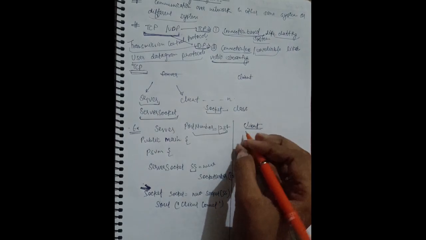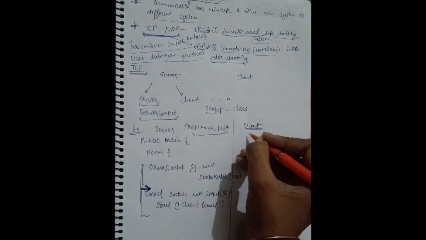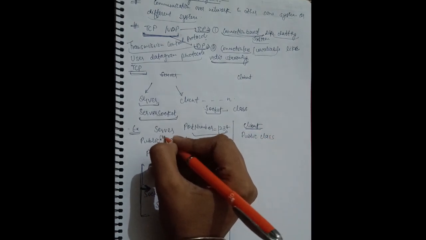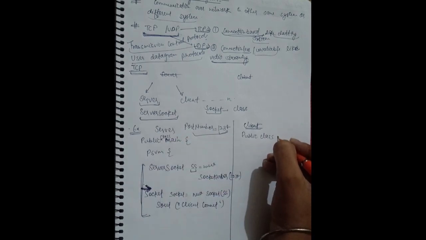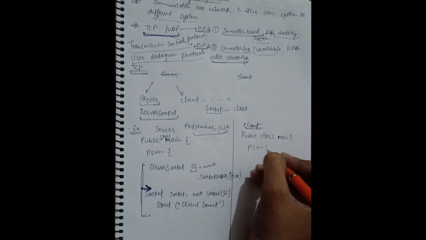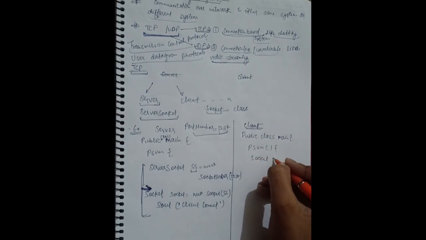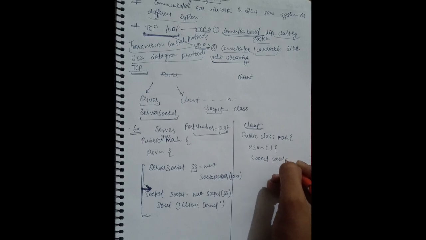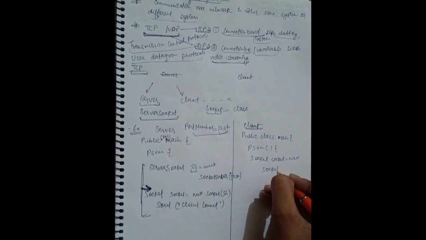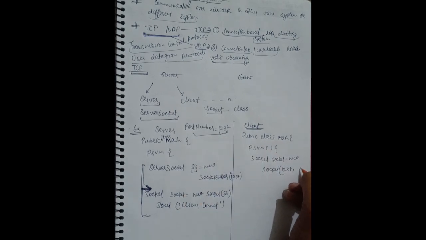On the client side, these two lines are for connecting. Here we pass two things in the client. First is the port number, which is common, and second is the address.